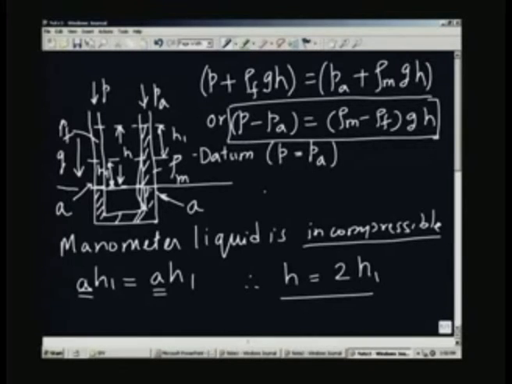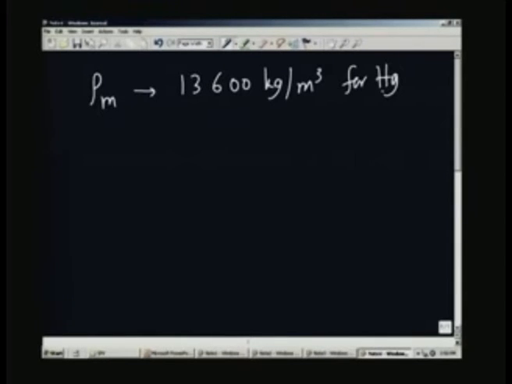compared to rho m. So, let me write it down. So, rho m is about 13,600 kg per meter cube for mercury. Rho f, if I have air, it is about 1 kilogram per meter cube, slightly more, but it is all right to do that.